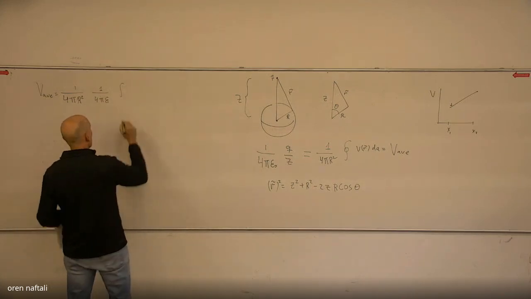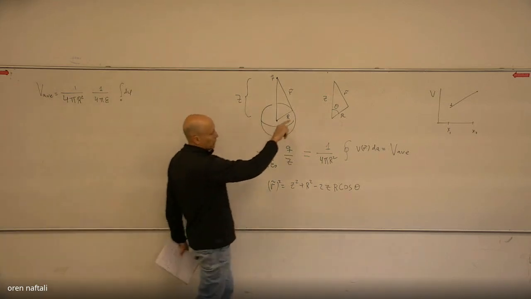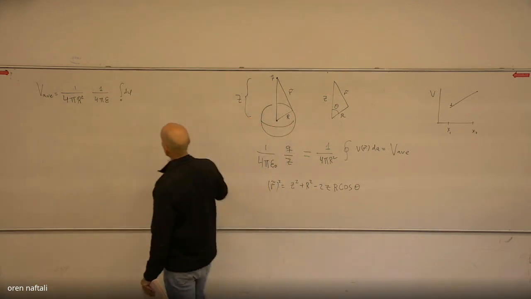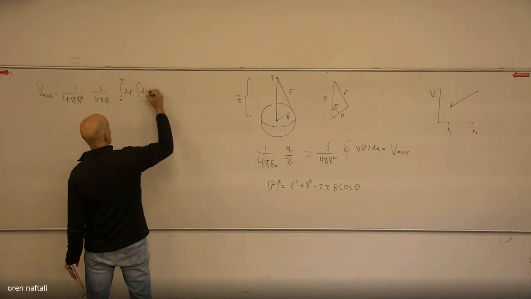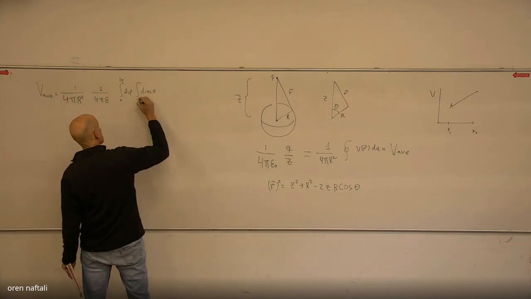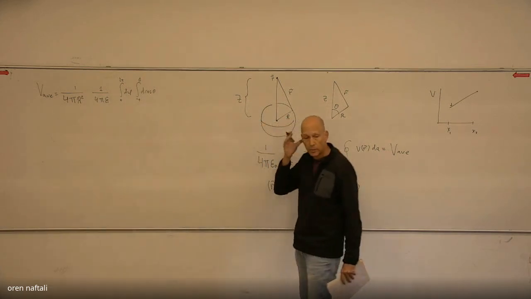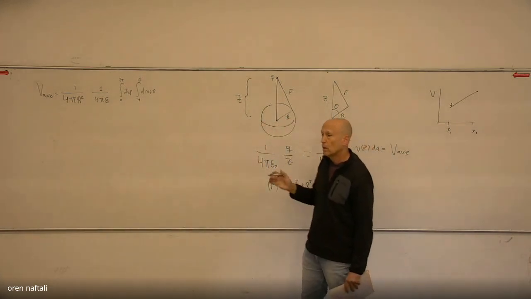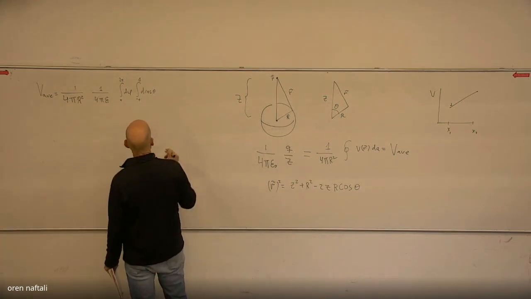Then the integral over d phi, the azimuthal angle, from 0 to 2 pi, and an integral of d cosine theta from minus 1 to 1. Many times it's written as sine theta d theta, but I like to write it like that.